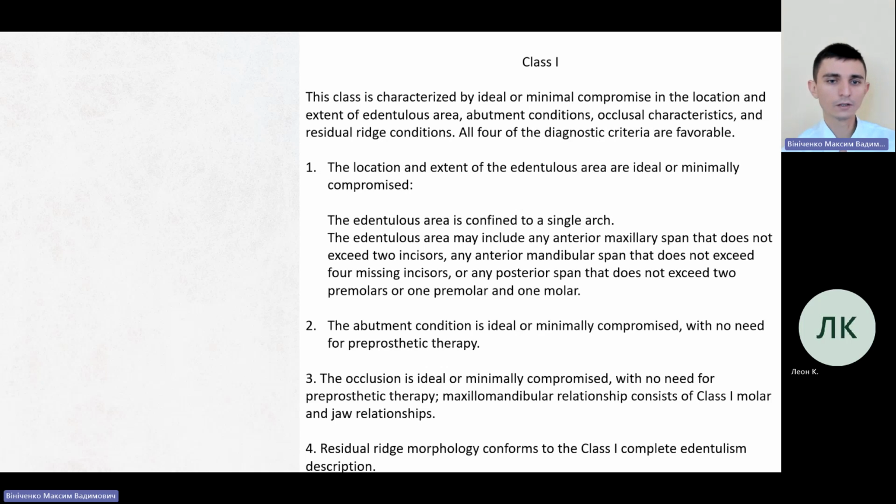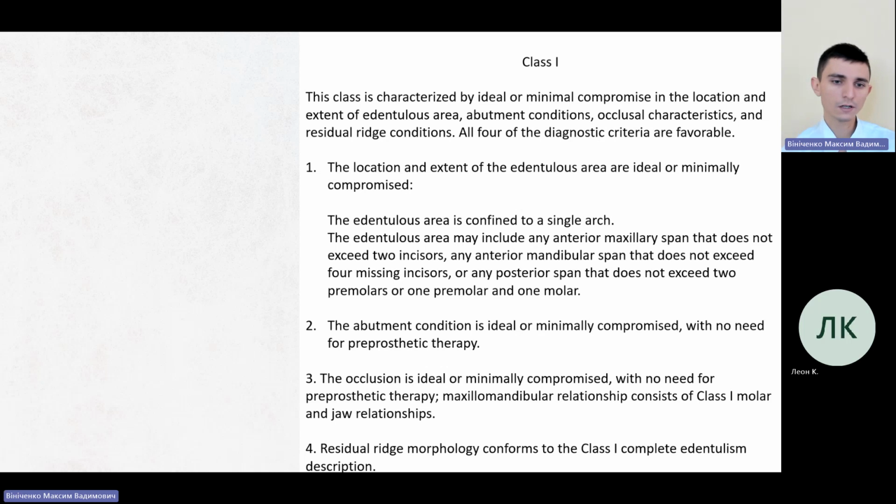The edentulous area may include an anterior maxillary span that does not exceed 2 incisors, any anterior mandibular span that does not exceed 4 incisors, or any posterior span that does not exceed 2 premolars or 1 premolar and 1 molar. The abutment conditions are minimally compromised with no need for prosthetic therapy.